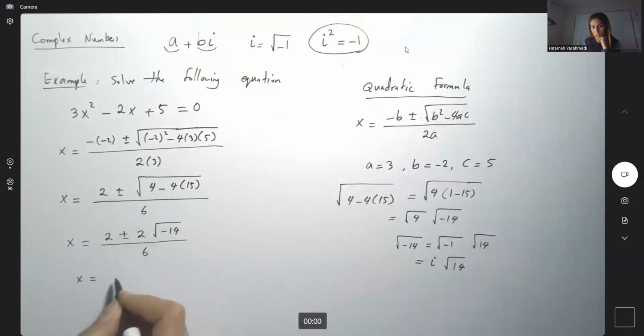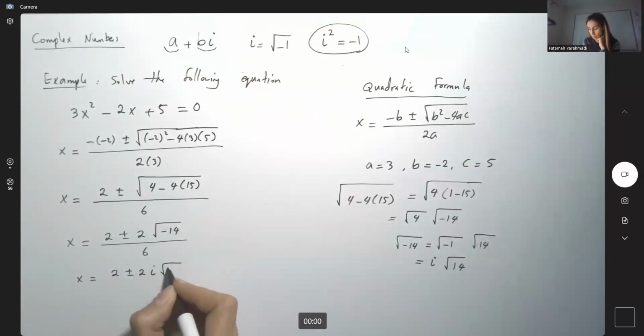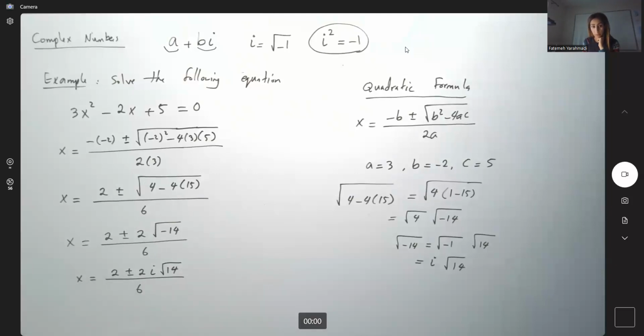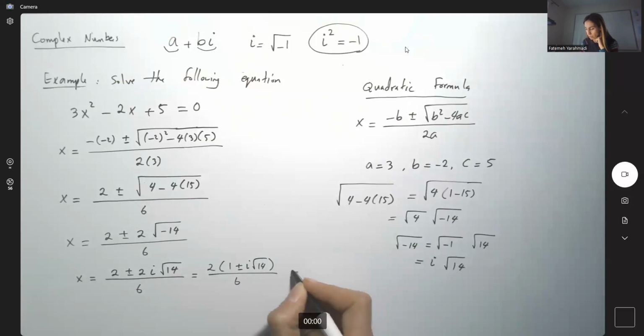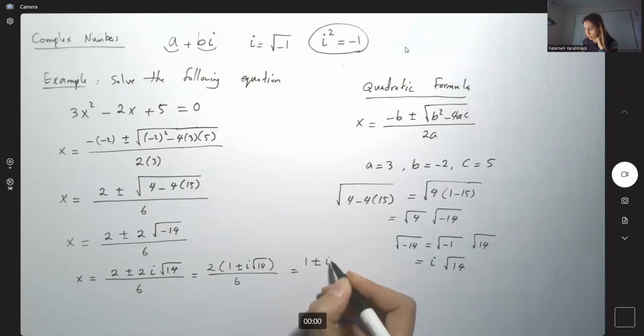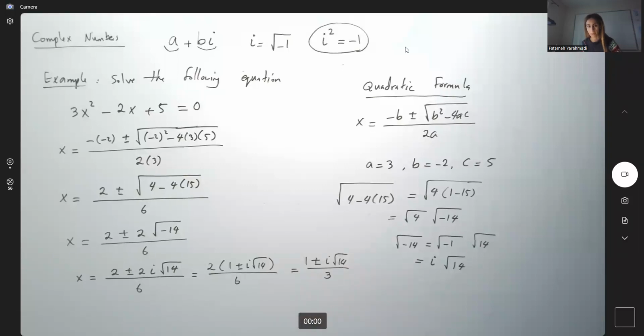So x can be written as 2 plus or minus 2i times the square root of 14, divided by 6. Can we simplify this? Of course. You can factor out 2: 1 plus or minus i square root of 14, divided by 3.